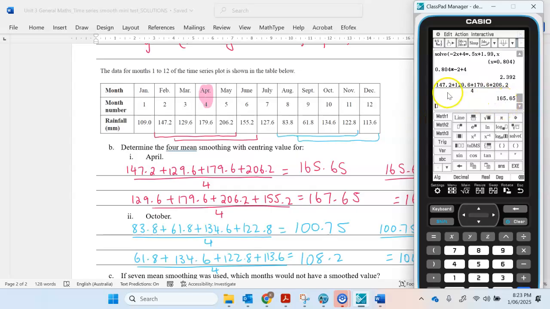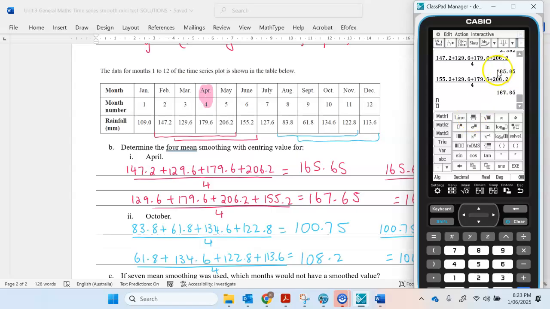Now, 3 of these numbers are the same used again. So we can just highlight it, drag it down, and it's only the first number that changes. So you'll notice we don't use February now, we use June. So you can replace that with 155.2 and get your number that way. I know that a lot of people are going to do it this way.